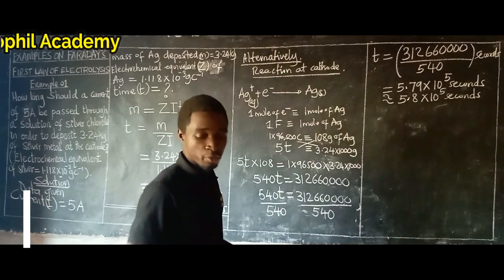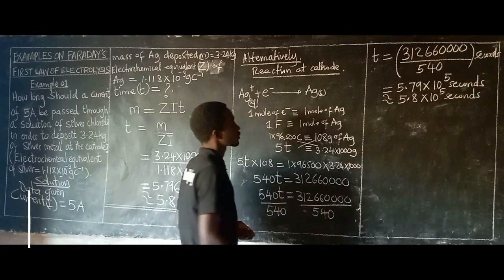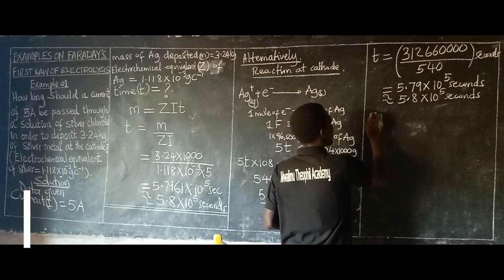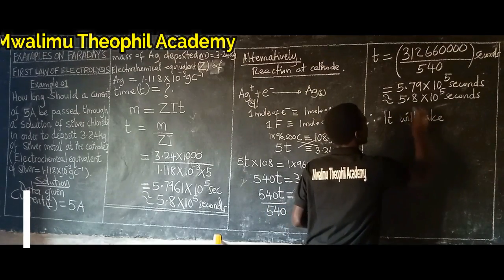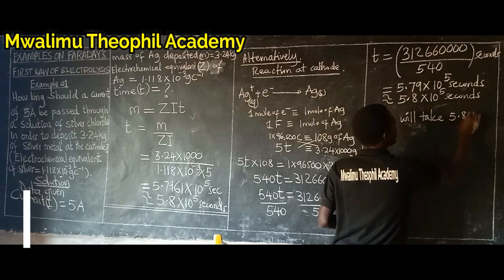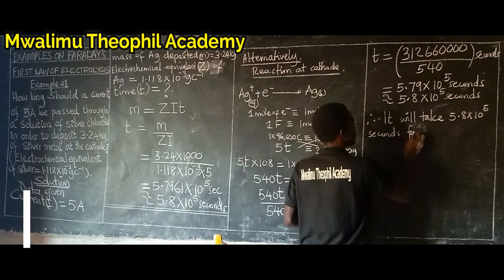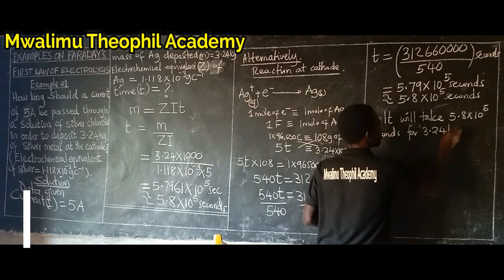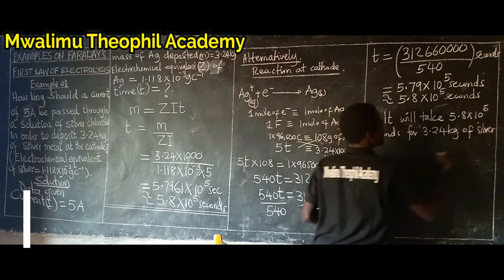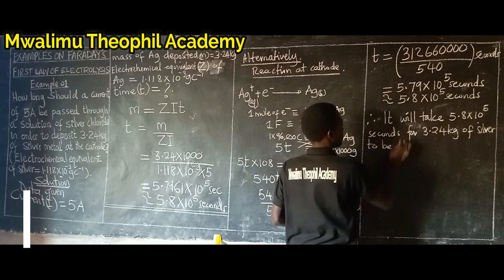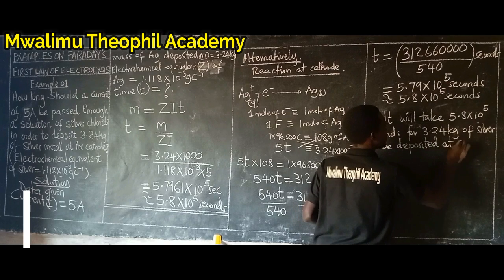Now, this is the way we carry out the calculations concerning Faraday's first law of electrolysis. So here we say that the current will take 5.8 times 10 raised to 5 seconds for 3.24 kilograms of silver to be deposited at the cathode.